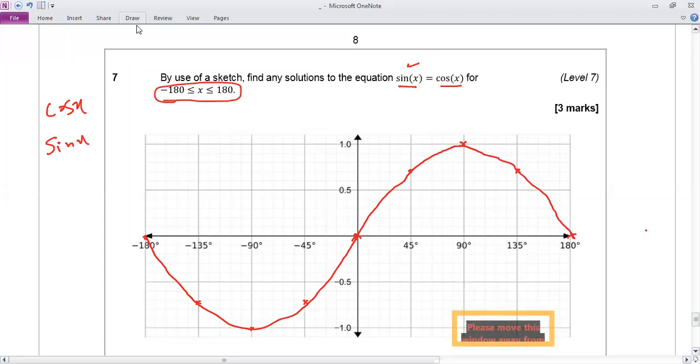Now the green pen I will use for cosine x. For cosine x, I know cos 0 will be 1. Then cos 45 degree, if you take it, basically their values will become equal. If I take cos 45 degree, you will see the values will be the same. Then at 90 degree, if I take cos 90 degree, it will be 0.